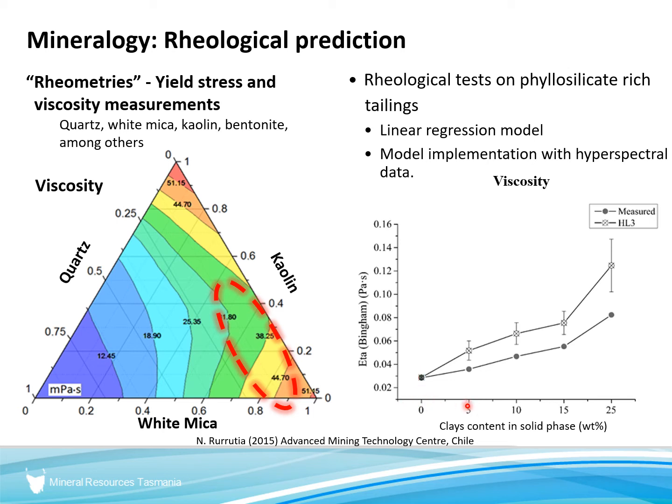Here it's related to the clay content, and we can model this with the hyperspectral data directly. So mineralogy, when it begets physical properties, can be used with a HyLogger as a predictor. This would have to be calibrated for individual deposits. I doubt in any case you could apply this over anything further than an individual camp.